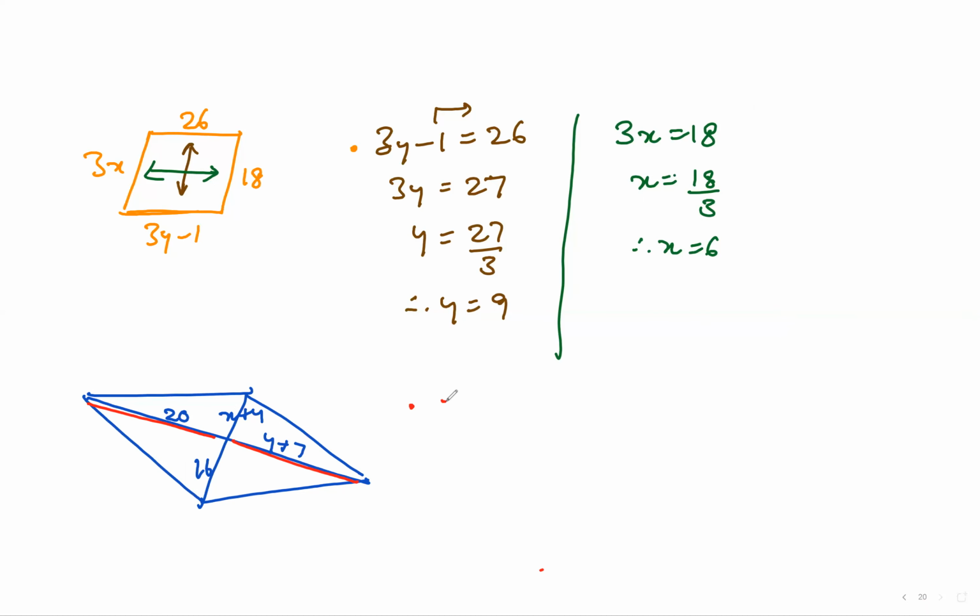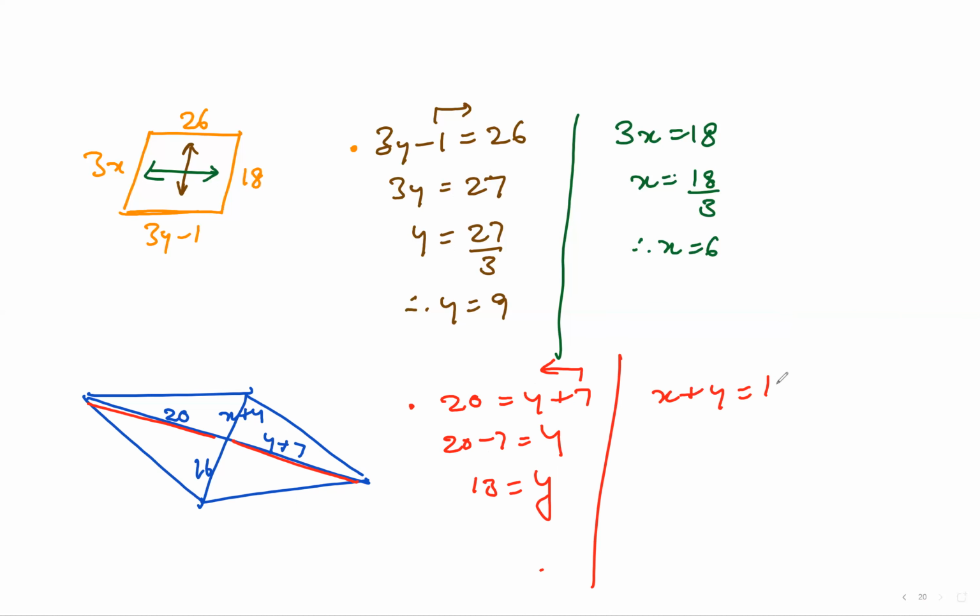That means the parts are equal. 20 is equal to y plus 7. When you transpose 7, 20 minus 7 is equal to y, that is 13 is equal to y. Good. And the next one, x plus y is equal to 16. Already you got y is equal to 13, so x is equal to 16 minus 13, that is equal to 3. So this is the concept.